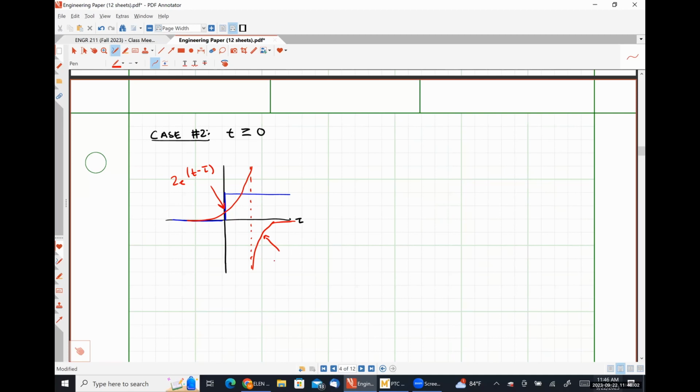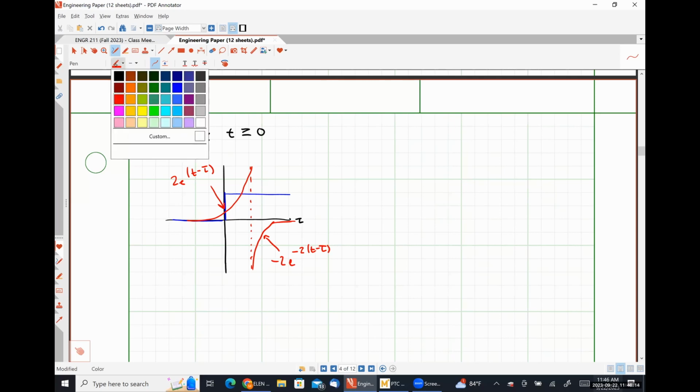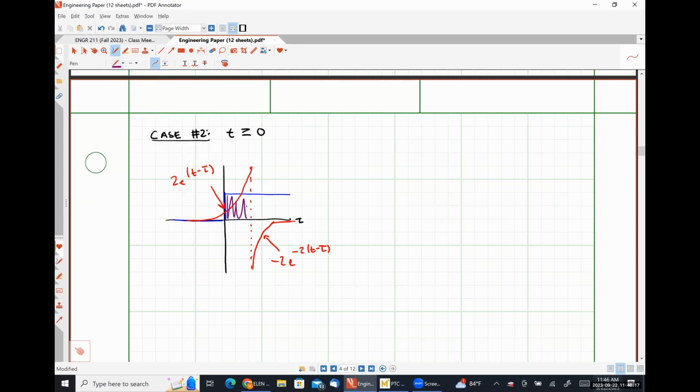And this is going to look like negative 2e to the negative 2 t minus tau. And my overlap consists of all of this space. So realistically, here, I'm going to be integrating from 0 to infinity yet again.